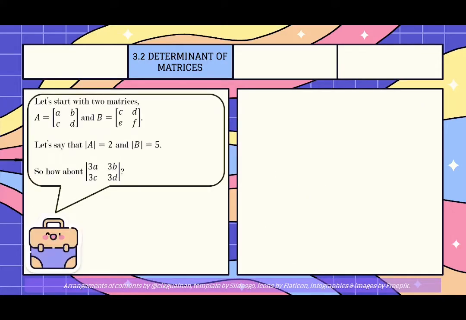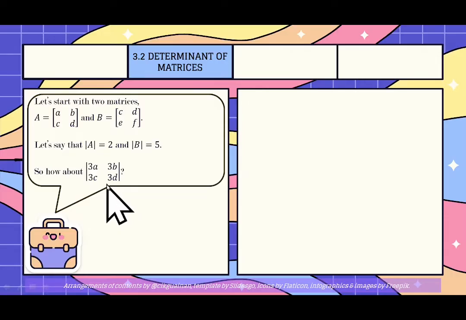Let's start with two matrices A and B, and we have been provided the value of determinant A, which is 2, and determinant of B, which is 5. Now, how about the determinant of this new matrix? As you can see from here, there is a peculiar number in front of each element, which is 3.